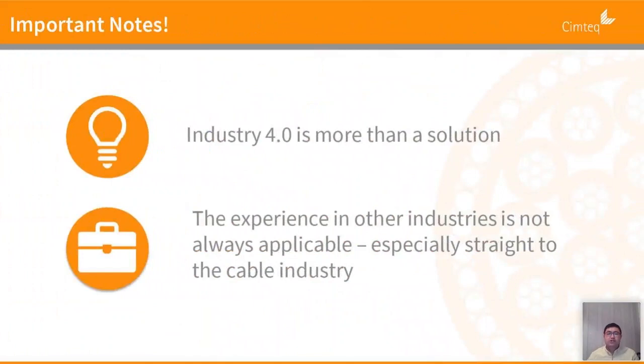Before we talk about smart factory or Industry 4.0, there are two things I would like to emphasize to make sure we're all on the same page. The first one is that Industry 4.0 is more than a solution, and it's more than a target.